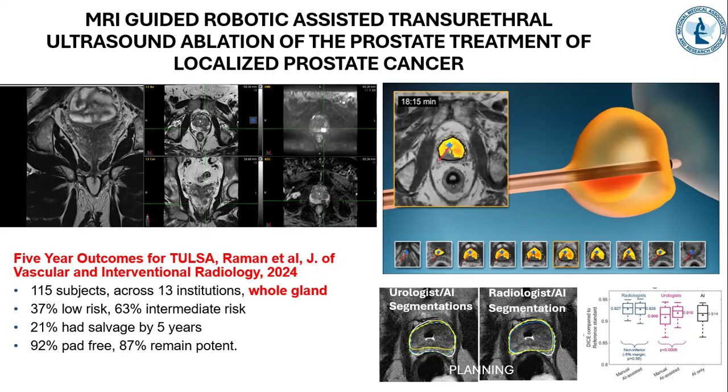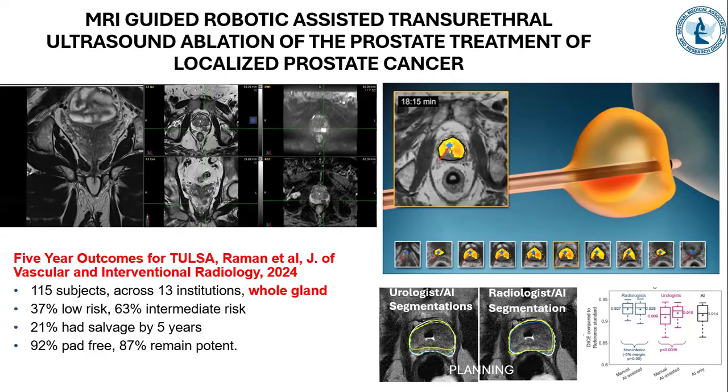I also want to mention that the 5-year study demonstrates that this technology is comparable to robotic prostatectomy in curing prostate cancer. However, the rates of incontinence and erectile dysfunction are minimal in this patient cohort after this procedure compared to radical prostatectomy.